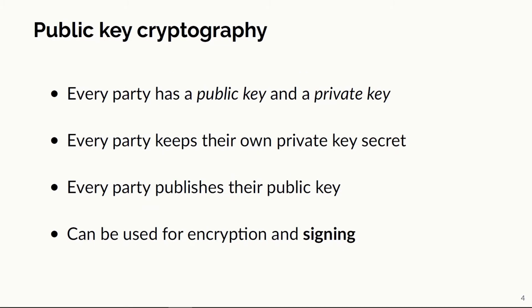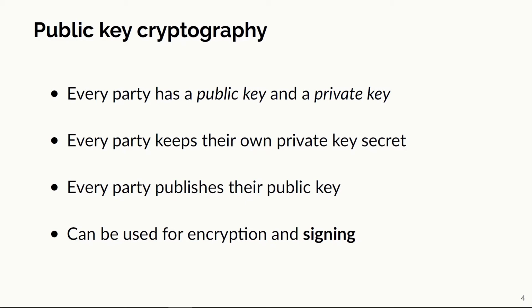So what is public key cryptography? The main paradigm is that we have a public key, which everyone knows, and a private key, which we have to store with us. Therefore, we really have to keep the private key protected, and we can publish our public key to whomever we want. That is actually something we want to do, because if we don't publish our public key, no one can send us any algos, and that is not what we want.